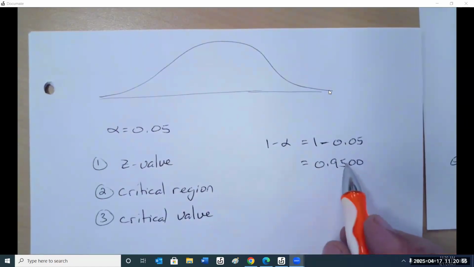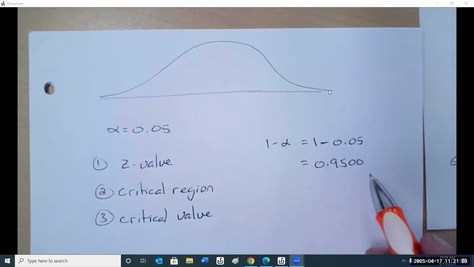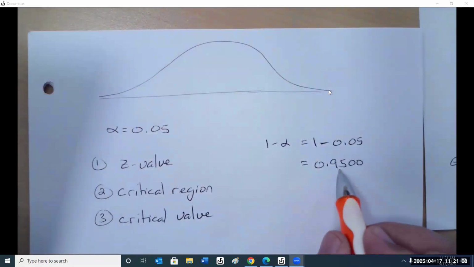What does this number represent? The area under the curve to the left of the z-score. So we have to look for the number 9500.